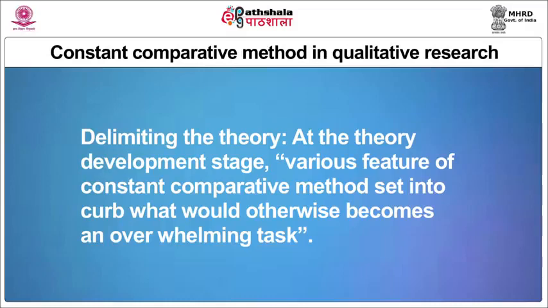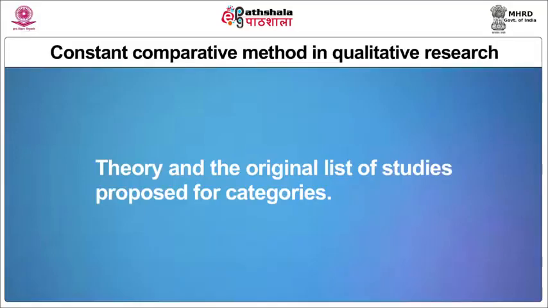At the theory development stage, various features of the constant comparative method set in to curb what would otherwise become an overwhelming task. The process of delimiting is adopted at two stages: theory and the original list of categories proposed.